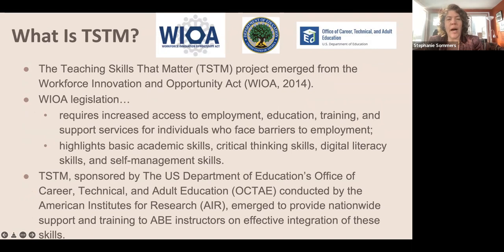WIOA likes to highlight basic academic skills, critical thinking skills, digital literacy skills, and self-management skills. This project, TSTM, was funded by OCTAE, and then the project is facilitated and planned by AIR, the American Institutes for Research. And so the project team comes from AIR.